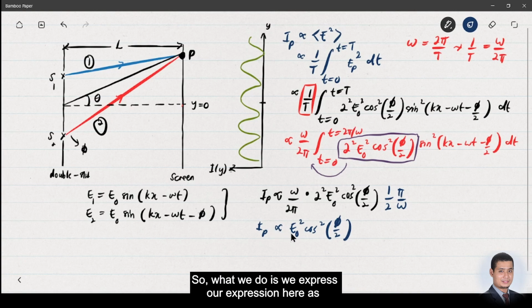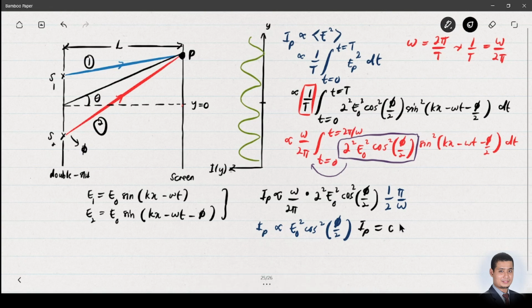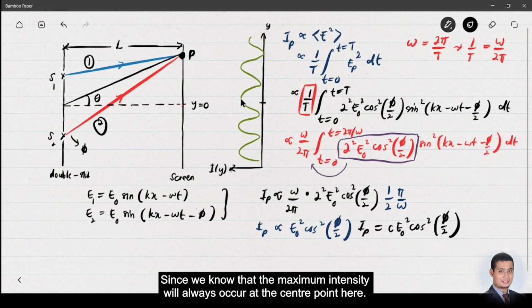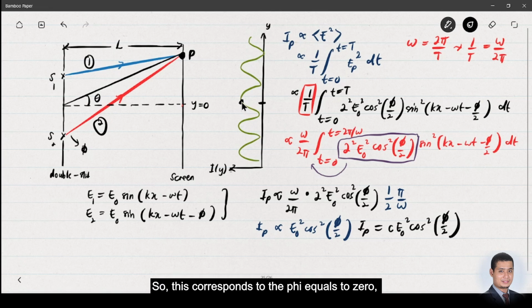Essentially, we want to get rid of the proportionality sign here. So what we do is we express our expression as I sub P is equal to a constant C multiplied with. Since we know that the maximum intensity will always occur at the center point here, this corresponds to phi equals 0.